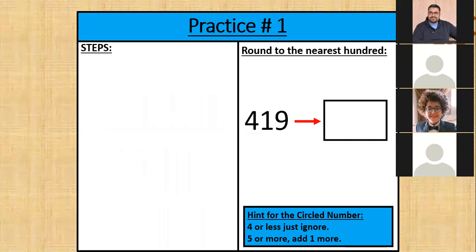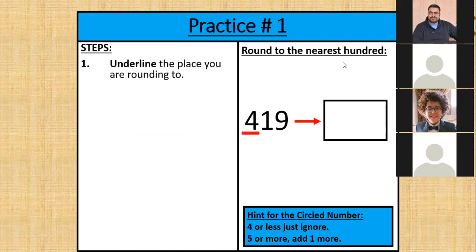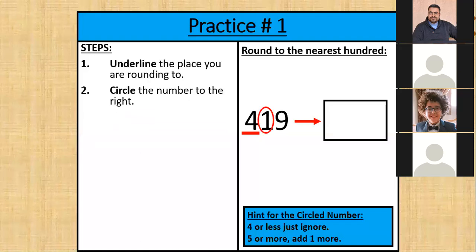Step 1, we will put a line under the number in the 100 place, not in the 10, because here we want to round to the nearest 100. So I will put a line under the number in the 100 place. Step 2, we will make a circle around the number to the right.